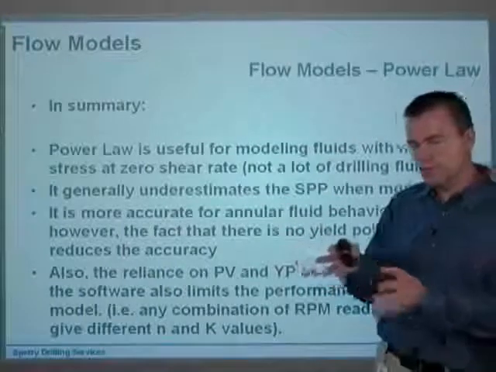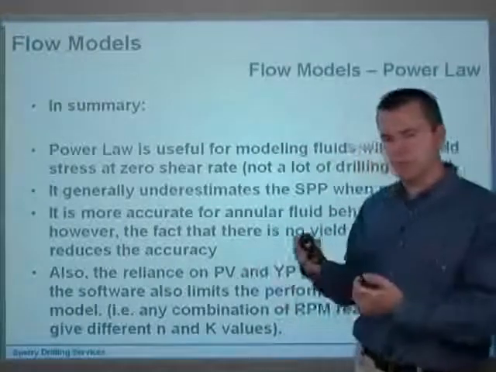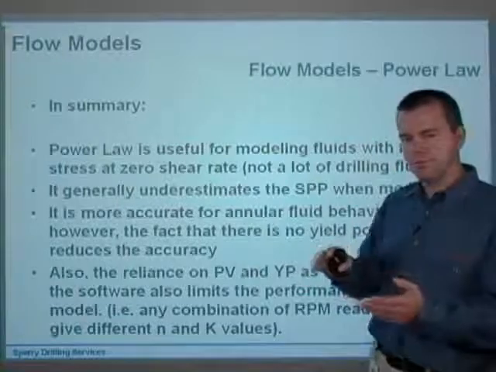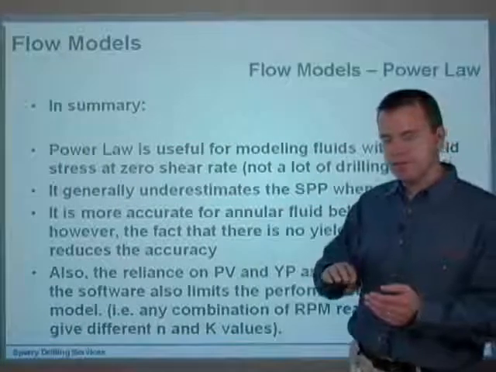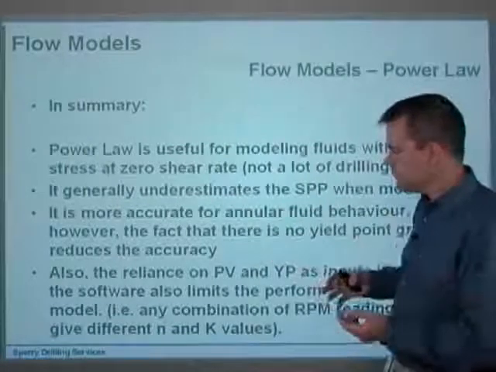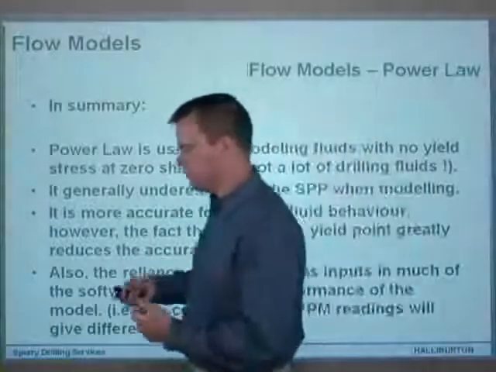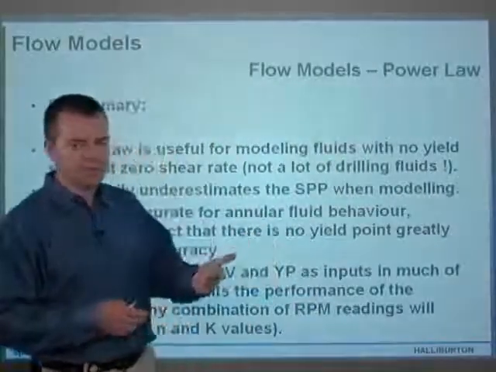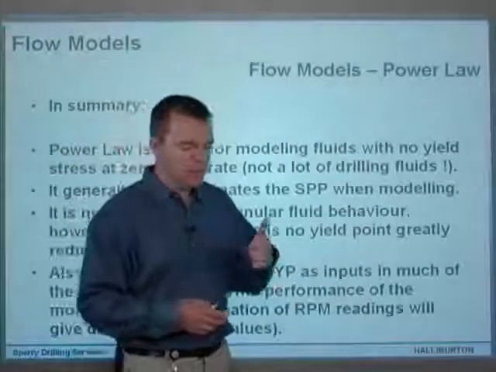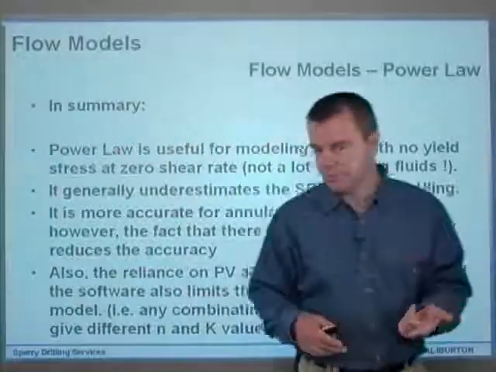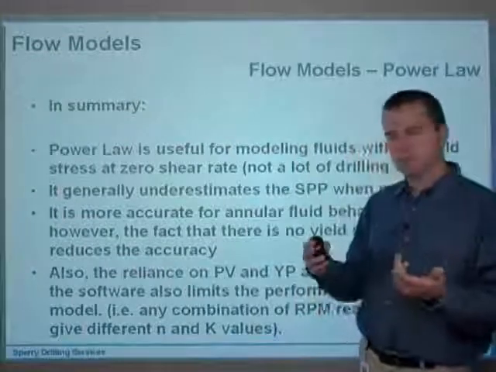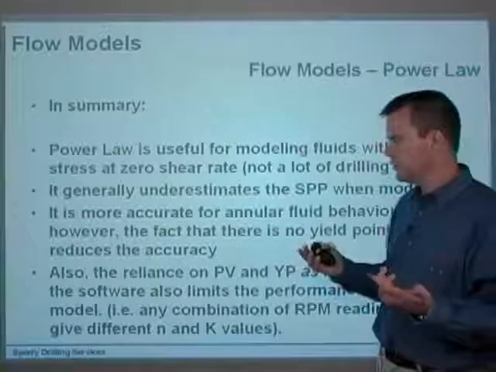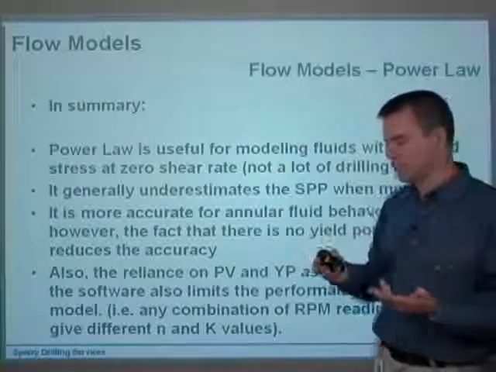So if you're using different combinations of readings to produce N and K, you'll end up with different curves. So as I showed you, to perform the power law properly, you should be using your 6 and 300 for your pipe flow, and the 100 and the 3 for the annular flow. So you end up with 2 different curves for one fluid. So you're not really fully describing the fluid with one curve.